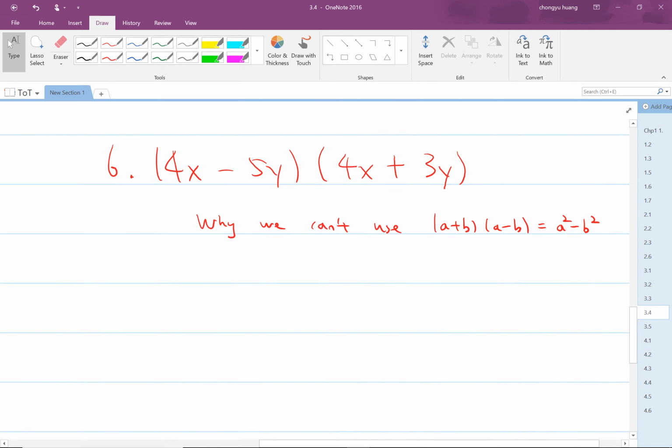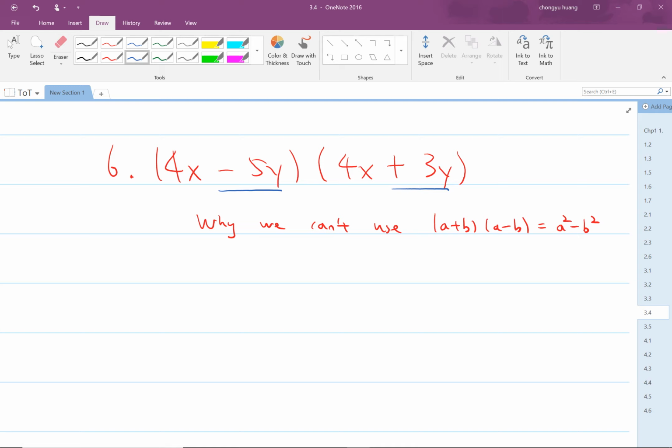Because what you may be thinking is, yeah, question 6 looks really similar. So why can't we use the property a plus b, a minus b is equal to a squared minus b squared? Because you can see over here, let me use my blue pen, those two terms are different, right? We have the same 4x, but those two terms are different.